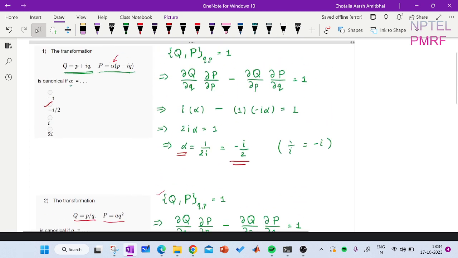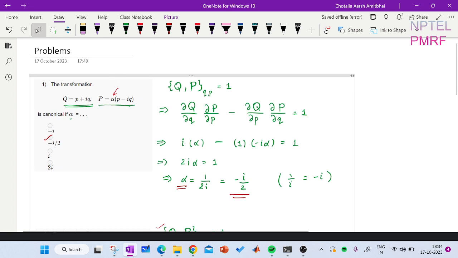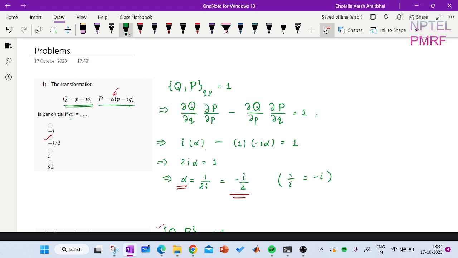So let's look at the first one. Are you seeing the screen? Yes, sir. So this equation must be true always if the transformation is canonical. For this given transformation, which is a function of alpha, we can have any alpha.